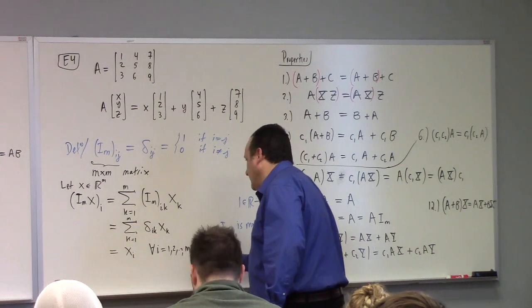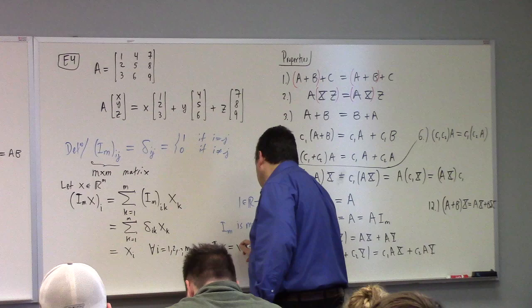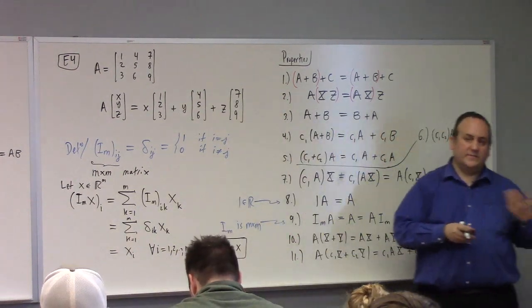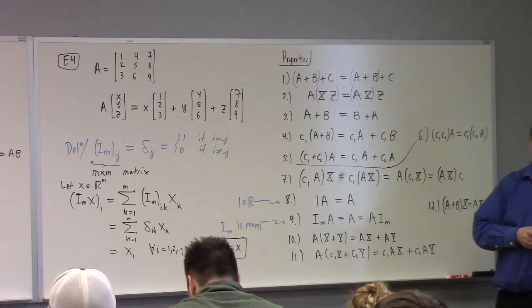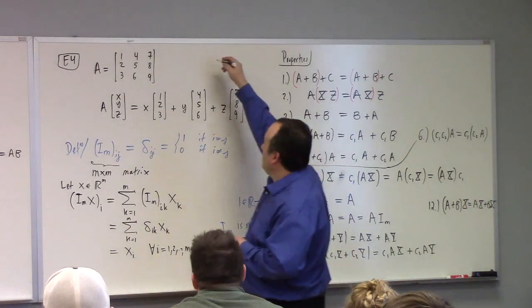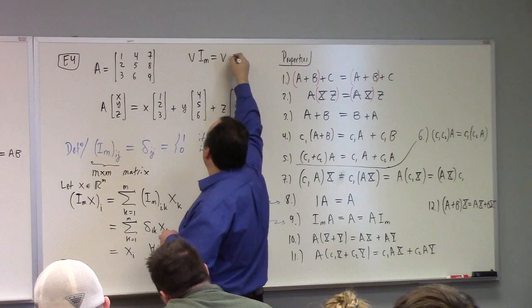So therefore, we get the following result. IM times the column vector is equal to the column vector again. Similar calculations will show you that if I take a row vector v times IM, I would get v again.